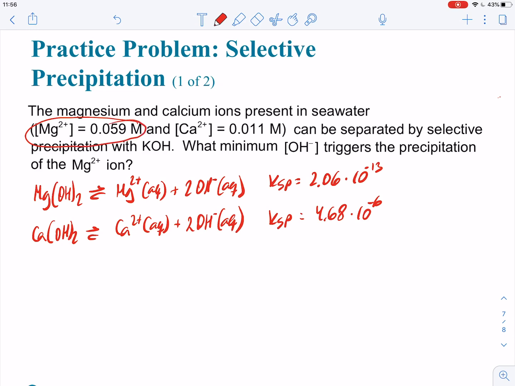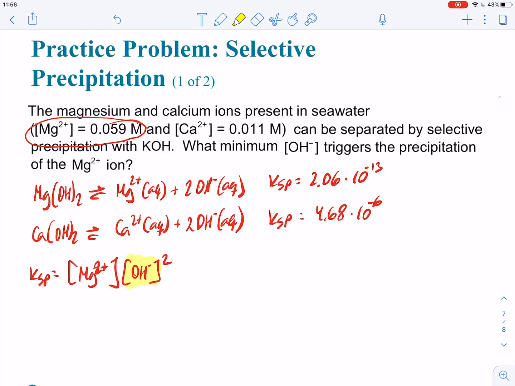Remember that KSP in that case is going to be the concentration of magnesium ions times the concentration of hydroxides squared. We are technically solving for the concentration of hydroxide.